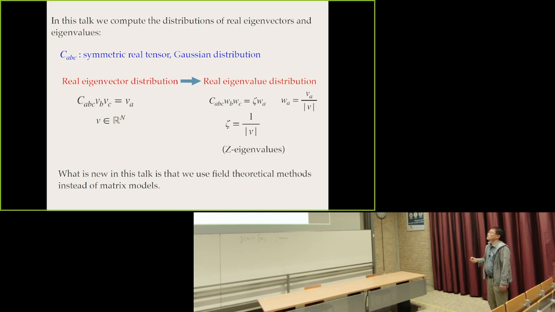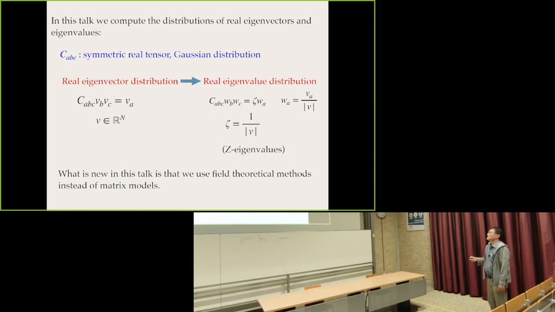The setup is that C is, as I said, a symmetric real tensor of order 3, and it is assumed to have a Gaussian distribution. First, I consider this equation for the real eigenvector, which determines the eigenvector distribution when C is Gaussian distributed.